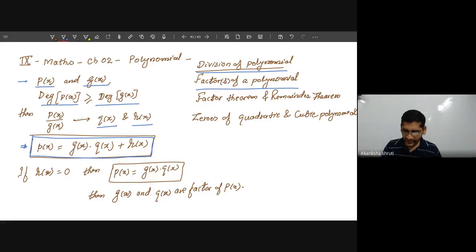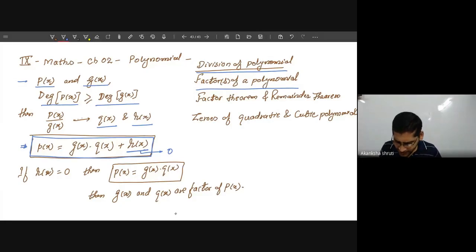Now, if on dividing, say the remainder is coming as 0, at that time this expression turns into px equals gx into qx, because here I have to substitute rx value as 0. When rx is equal to 0, nothing is being added, or 0 is added to gx into qx, it becomes gx into qx.